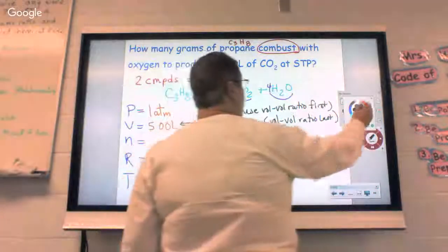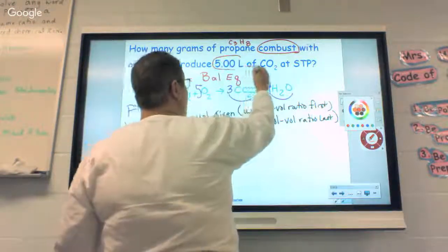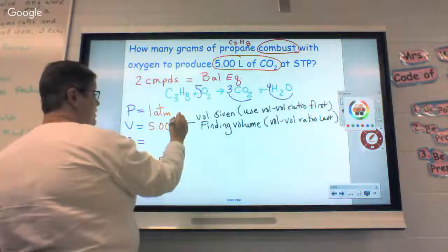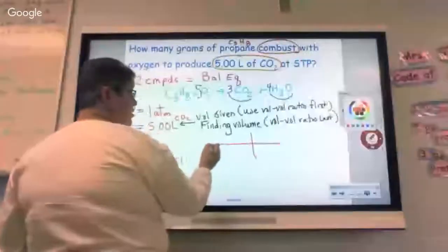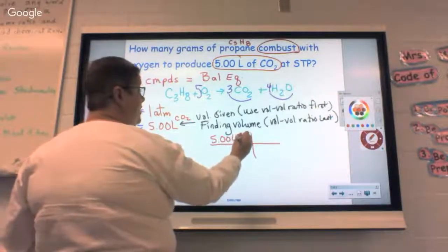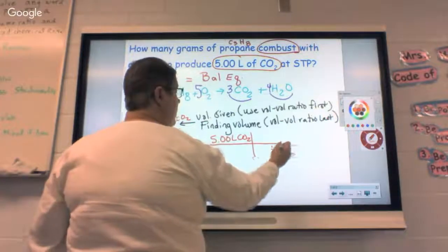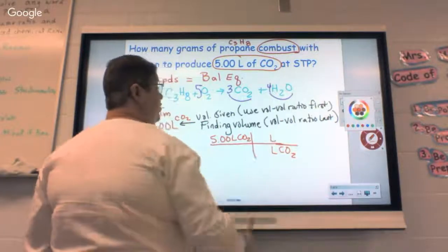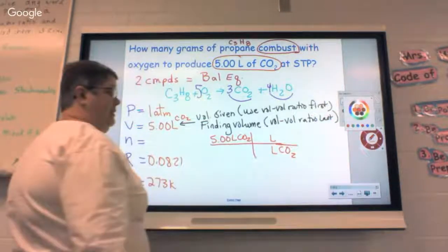So, what did they give me in the question? This is 5 liters of CO2. So I'm going to draw my chart, just like our homework. I'm going to go 5 liters of CO2, and I'm going to change it to liters of... how many grams of propane?